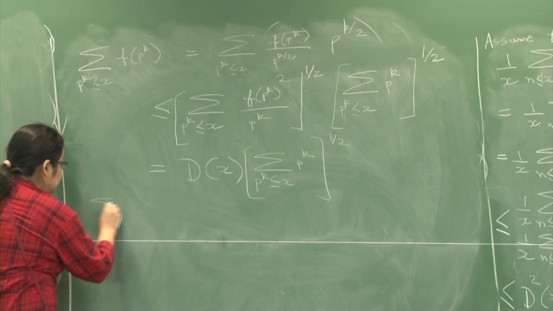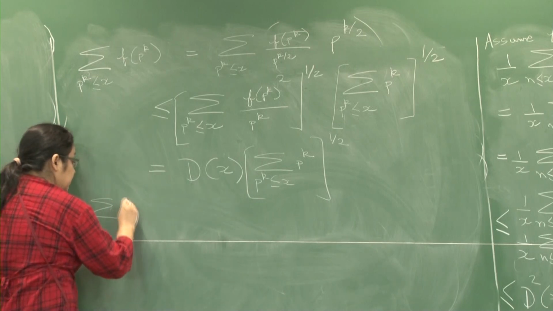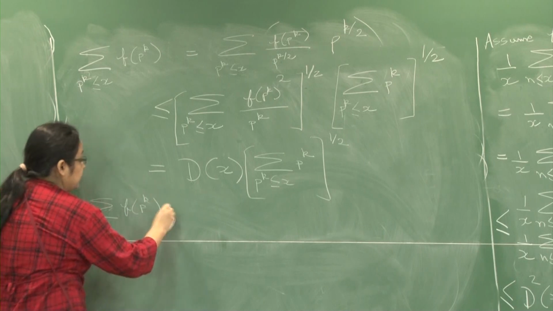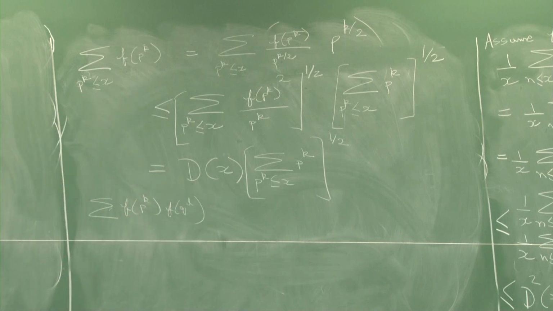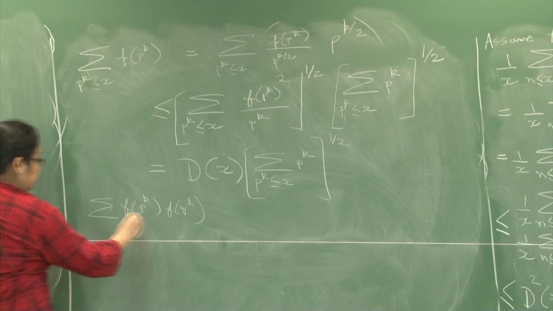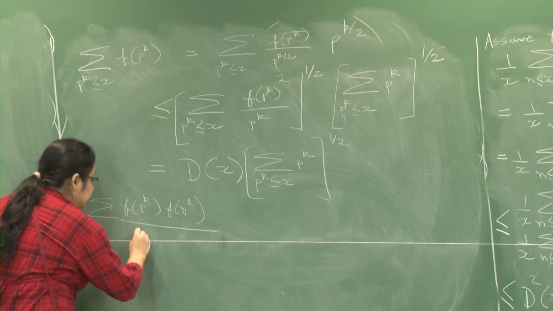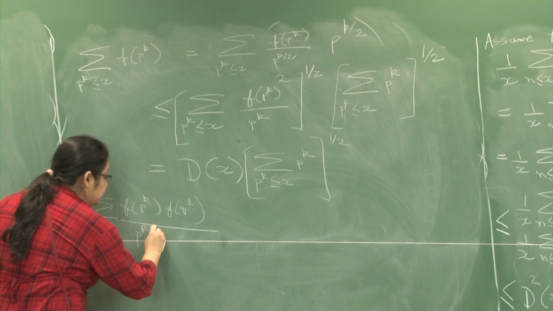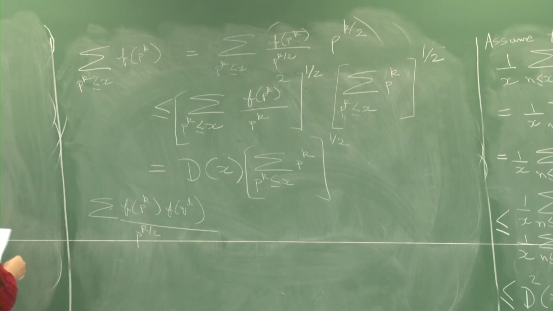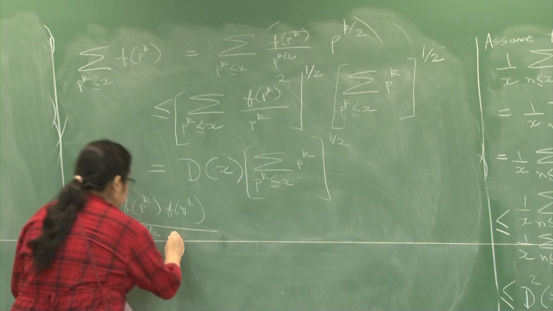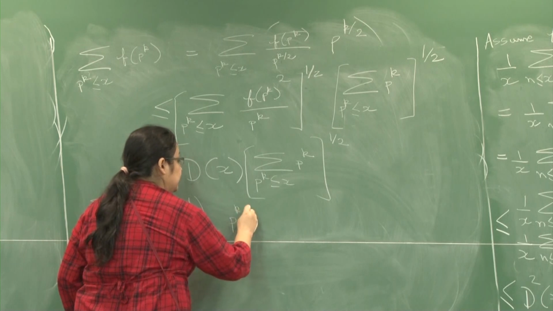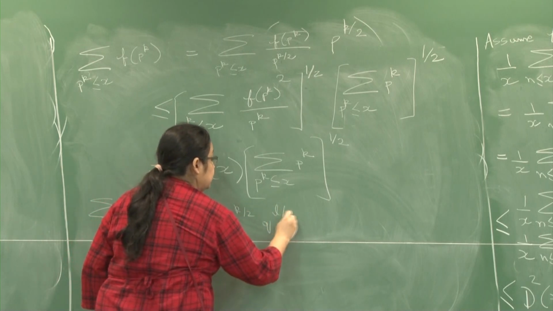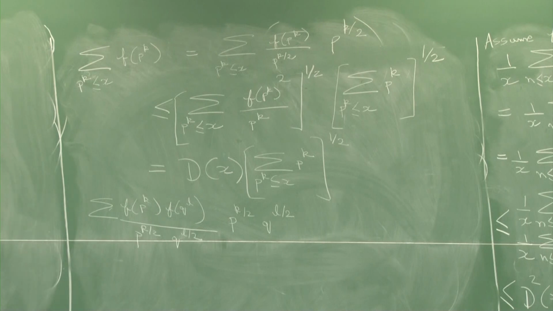So now you have summation f of p to the k, f of q raised to the L. So again what we do is we write this as p raised to the k by 2, okay, times q raised to the L over 2, and multiply by p raised to the k by 2, q raised to the L by 2. Again apply the Cauchy-Schwarz inequality. So what do you have?